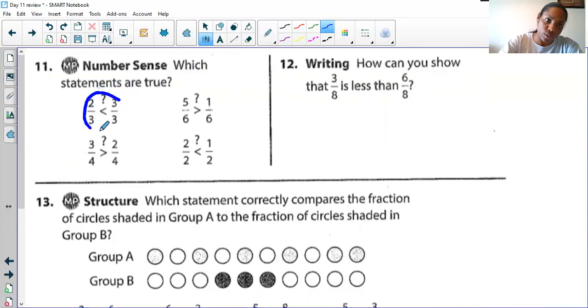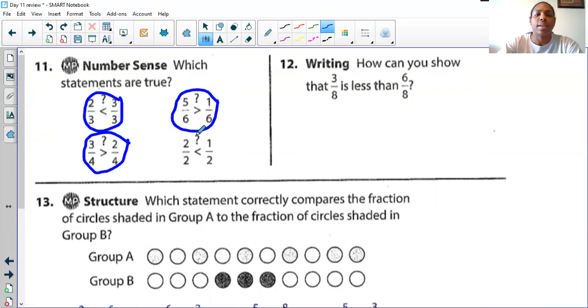So we're going to circle the first one. 3/4 is greater than 2/4. That is also correct. 5/6 is greater than 1/6. Yes, it is. And then 2/2 is greater than 1/2. No, go ahead and cross that one out.